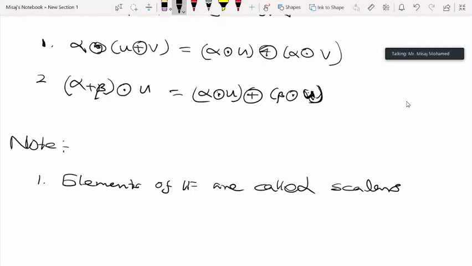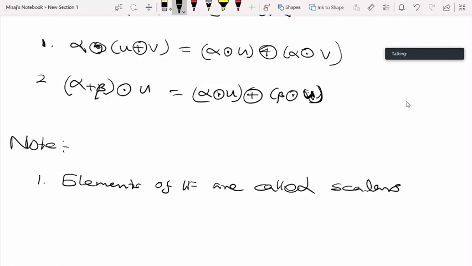Elements of V are called vectors. Right? Elements of V are called vectors.